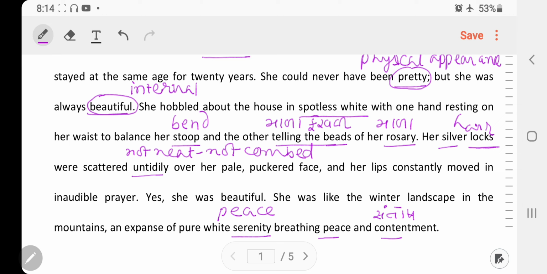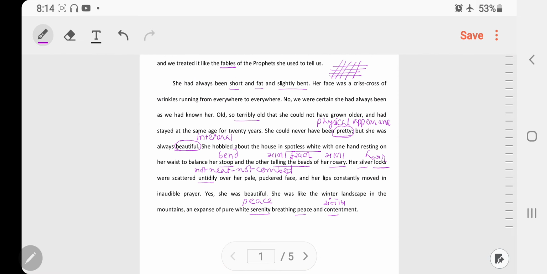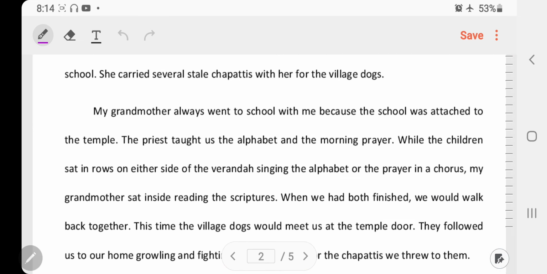But she was extremely beautiful, and the author has compared the grandma with the landscape in the winter mountains, expanse of pure white serenity found everywhere, as if grandma was breathing peace and contentment. So this is the description of the grandma's physical appearance.